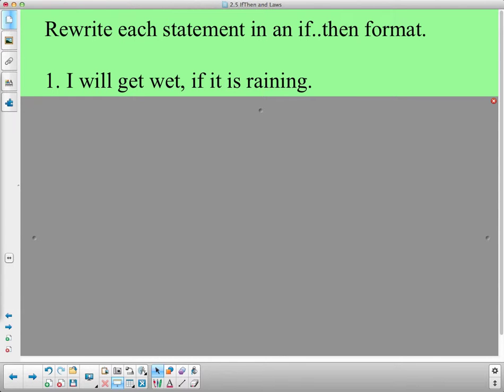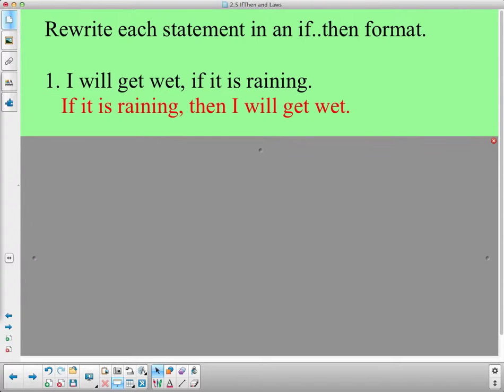Do you see the word then? No. So let's say the sentence with the words if and then. If it is raining, then I will get wet. Since the word if was there already, we knew that that was the hypothesis part. So the hypothesis, it is raining. Conclusion, I will get wet.